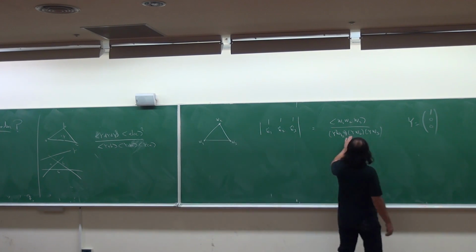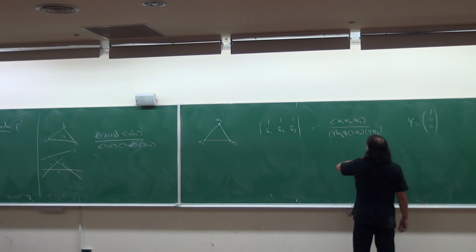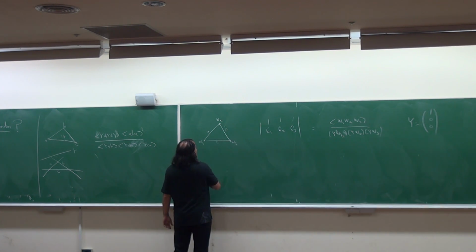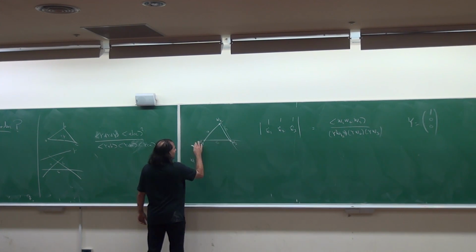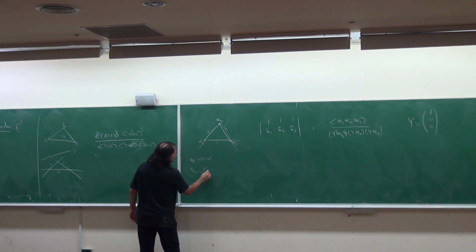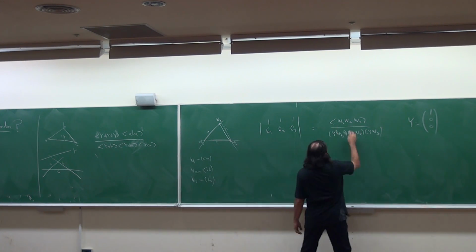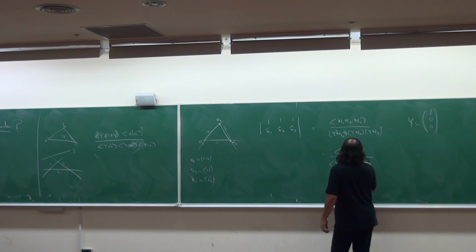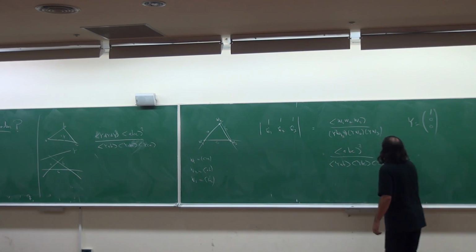That's the formula for the area of a triangle whose vertices are given. What if the lines had been given? What if the edges had been given? If that's A, that's B, that's C as the lines, then W1 would, for example, be the intersection of C with A. W2 would be A with B. W3 would be B with C. And so then this exact formula would be nothing other than ABC squared over YAB, YBC, YCA.